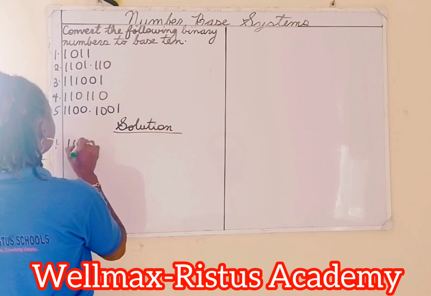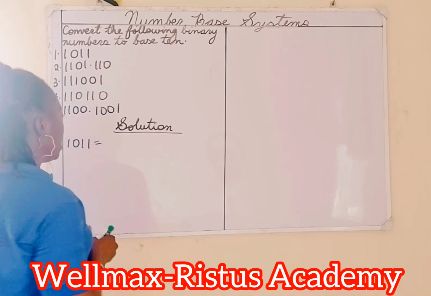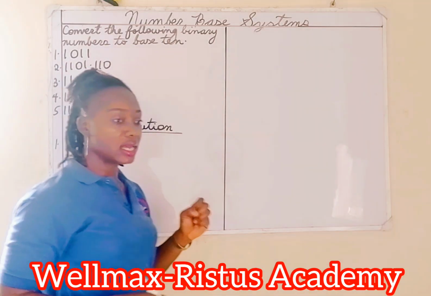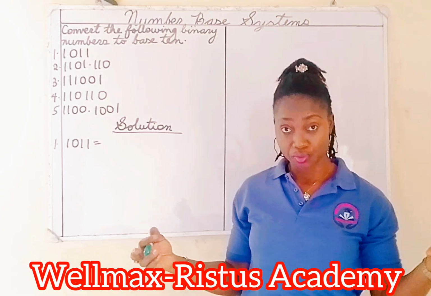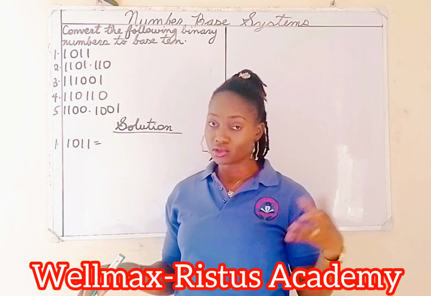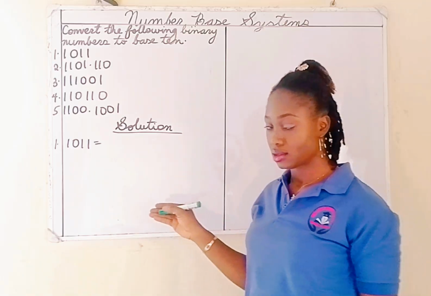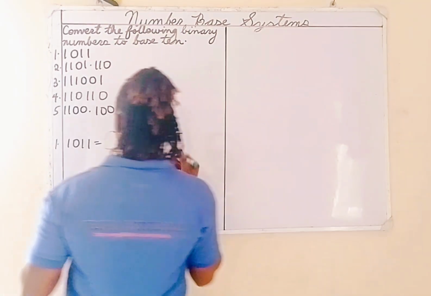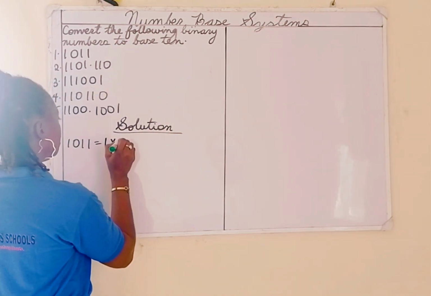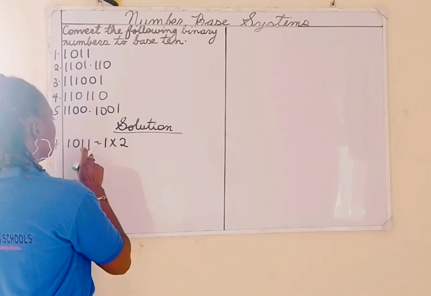Number 1, 1, 0, 1, 1. Now, remember in the first exam that I did on expanding with different bases of 2, 8, and 10, this is how we're going to do it. Watch and learn. So we have 1 times, the base is what? 2. To the power of how many?